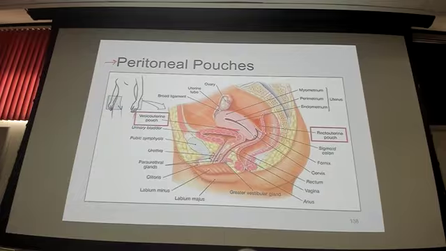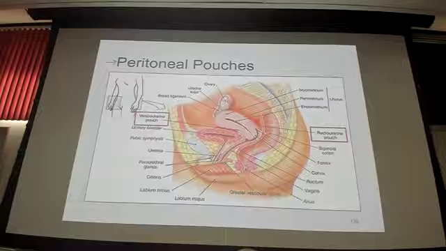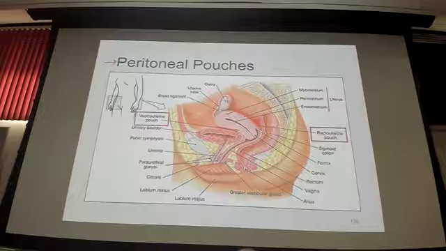Places for blood accumulation, places you've got to go look and see if there's bleeding in those pouches. Same thing, not just in trauma, but in an ectopic pregnancy or any other kind of acute abdominal pain or pelvic pain, you want to make sure there's no fluid accumulation. It's not always just blood, but if there are places for that to accumulate, and you don't investigate that, then you might miss it, okay?